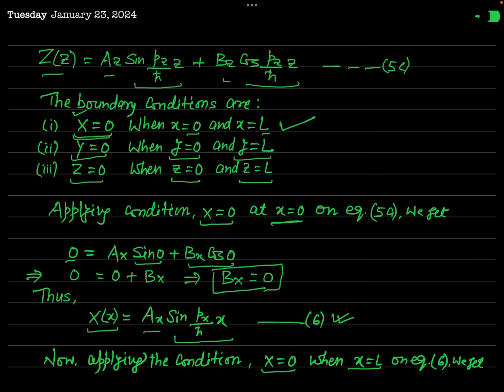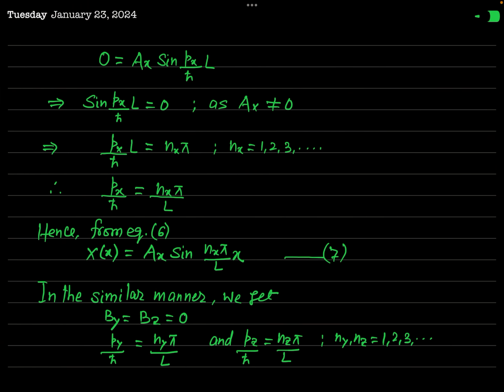So in the RHS of equation 6, when this small x is replaced by capital L, then in the LHS this capital X will be replaced by 0. So do it. What will you get? You can see 0 is equal to Ax times sine Px over h bar into L. Okay?